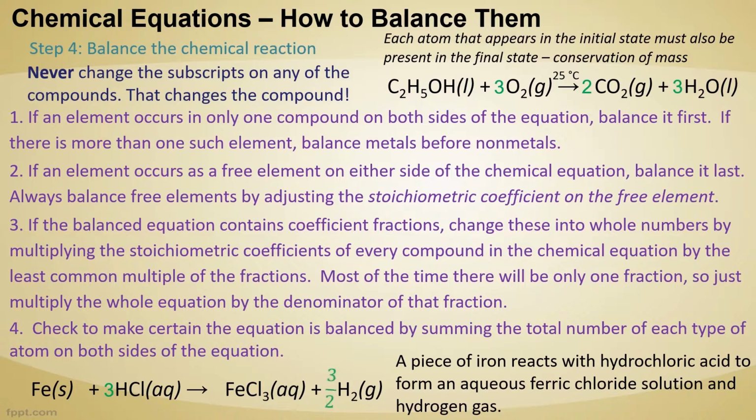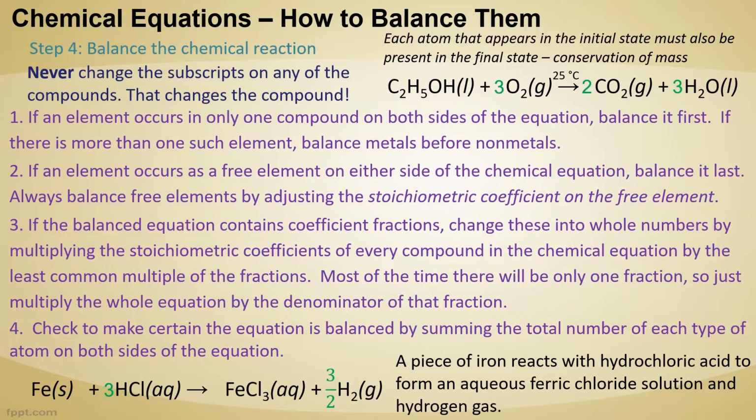The way we do this is by putting a fraction, 3/2, in front of the H2 molecule. 3/2 times 2 hydrogen atoms in the molecule give us 3 hydrogen atoms on the product side, balancing the hydrogens on the reactant side. This equation is a perfectly acceptable form of the reaction for doing quantification work, but not the best description of what seems to be happening mechanistically, since it's hard to envision having half of a molecule.